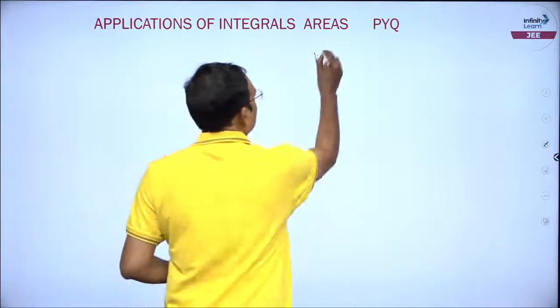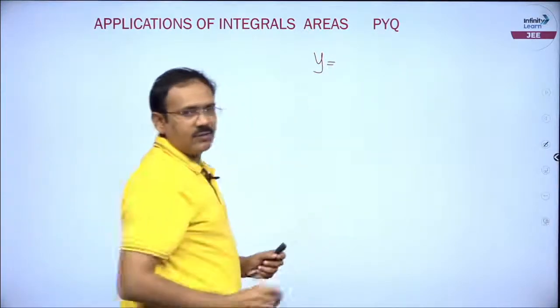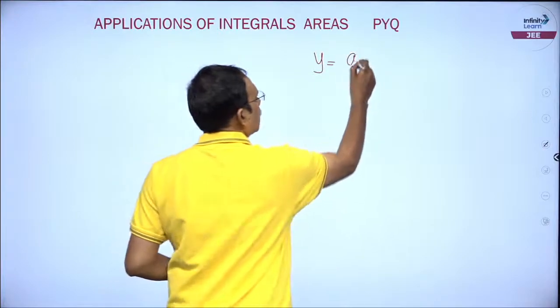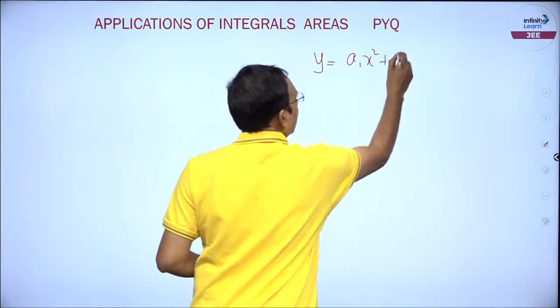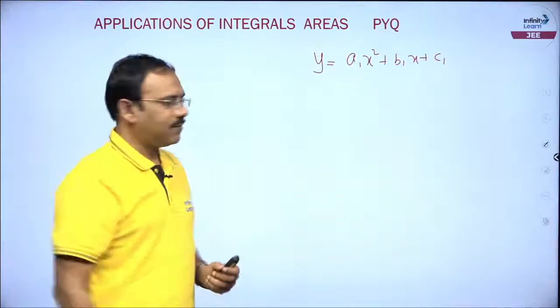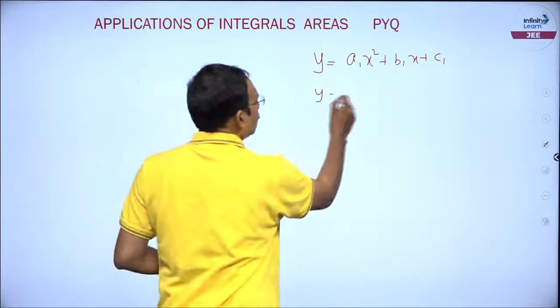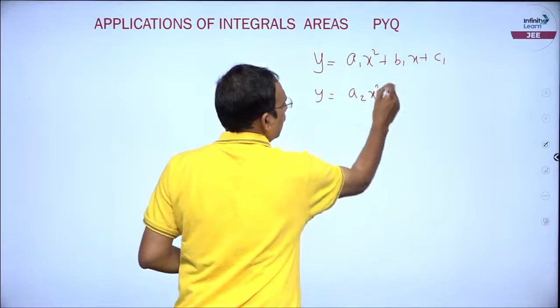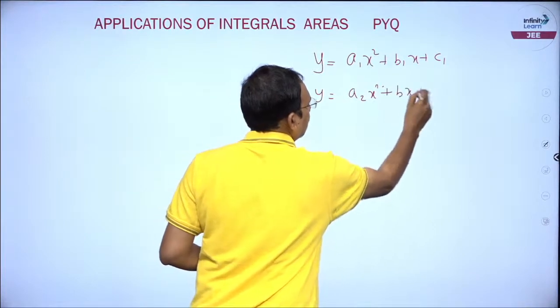Suppose there are two curves, friends. The first curve is y equals a1x square plus b1x plus c1. The other curve is y equals a2x square plus b2x plus c2.